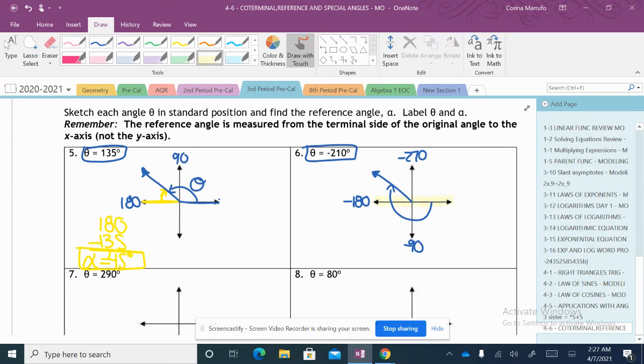Remember, always the x, never the y. So here is my x-axis and the shortest distance from it. So this is the angle that we're looking for. Okay, so if I were to do negative 210 minus a negative 180, this ends up turning into a positive and it gives me negative 30. Now the rule is our reference angle does have to be positive, so I'm just going to put it as a positive because that's going to be the actual measurement of this angle, which is 30 degrees.